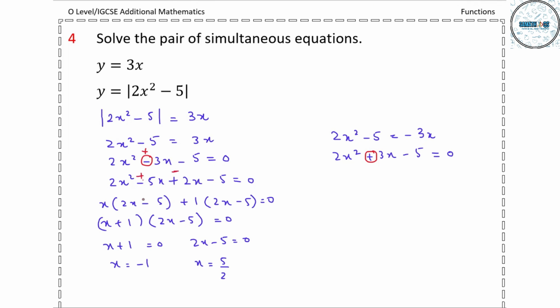So we have the values of x as 1 and x is equal to minus 5 upon 2.